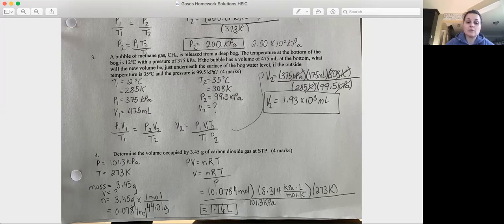If you keep your correct units for your gas constant, you will see that they actually work. So you get your moles cancel out, your Kelvin cancels out, your kPa cancels out, and you're left with liters, 1.76 liters.